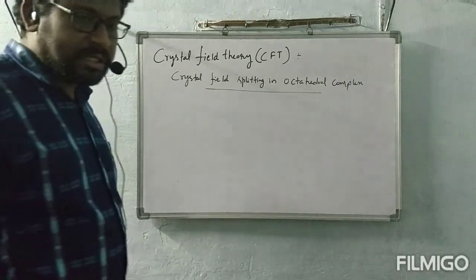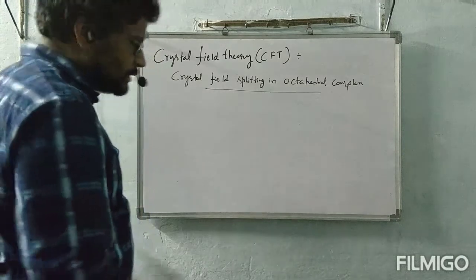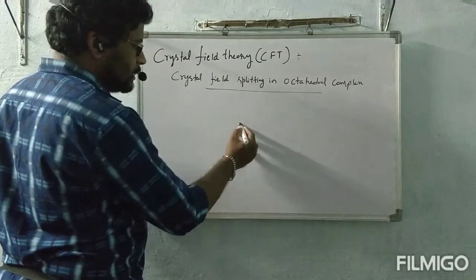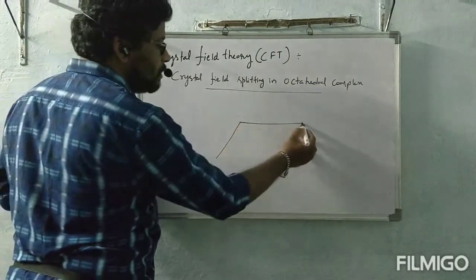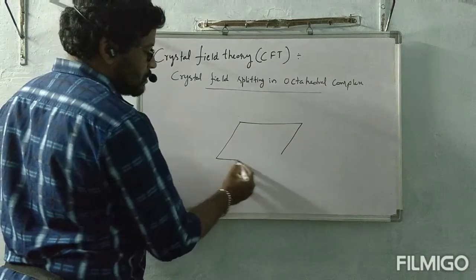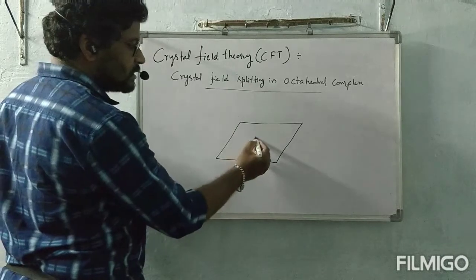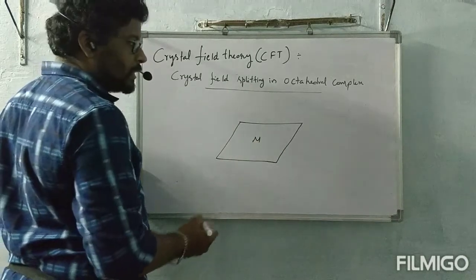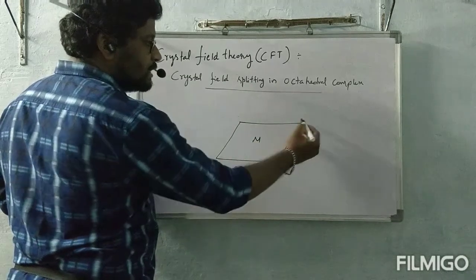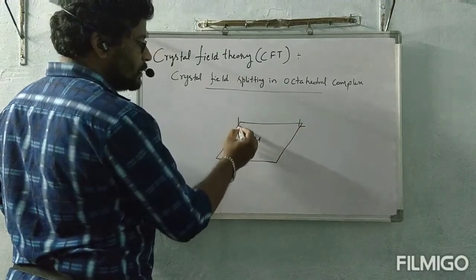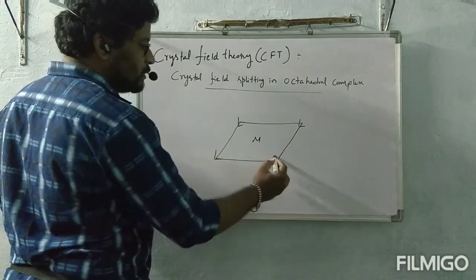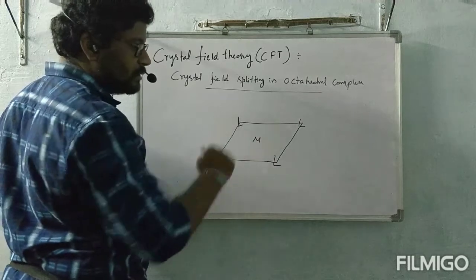how this octahedral structure will be presented. We know this is the plane. This is the central metal atom. Here ligands will be there, L, L, L, in the plane.